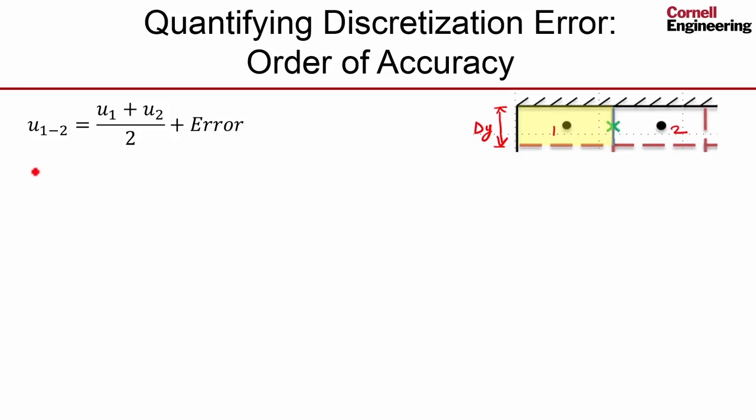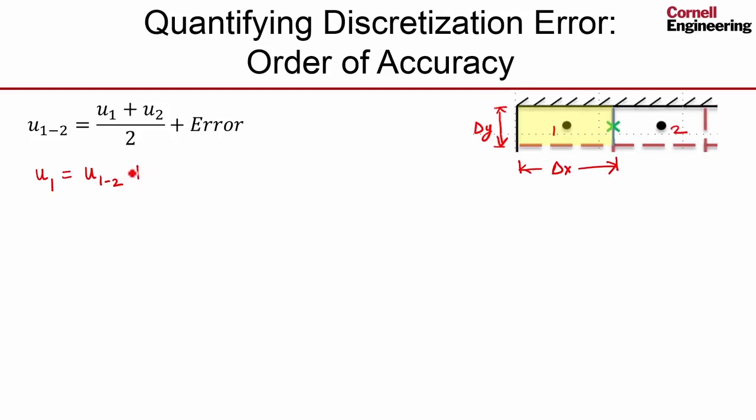So u1 I can write as u12, and if this distance is delta x, then that distance is delta x over 2.